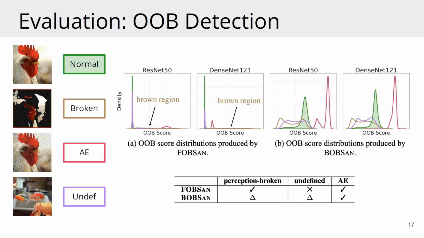For evaluation, we use four types of different inputs to evaluate OBSan's capabilities to detect OOB behaviors. We have normal inputs, broken inputs, adversarial examples, and undefined inputs. Here, undefined inputs are inputs from another class that the original model is not trained on.